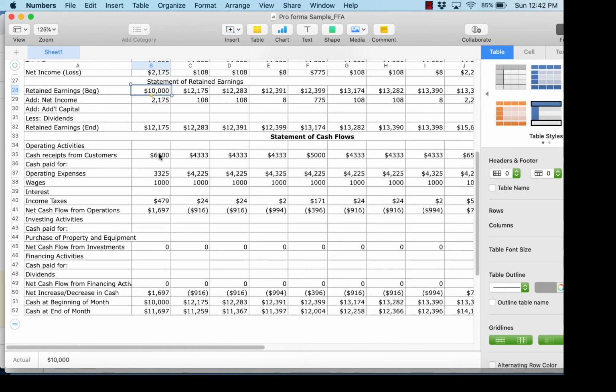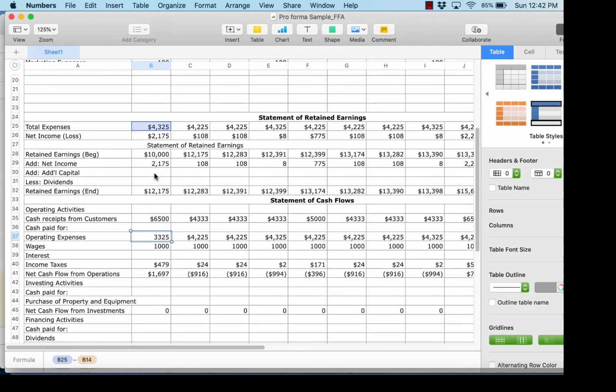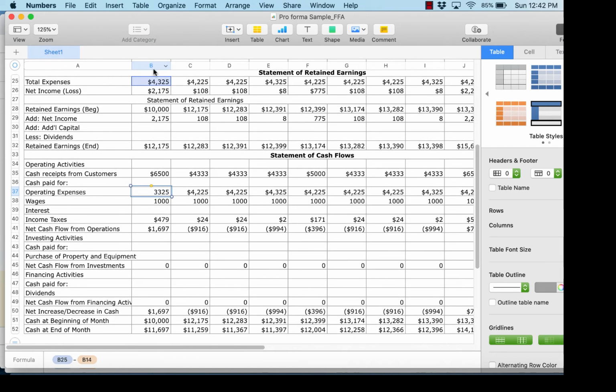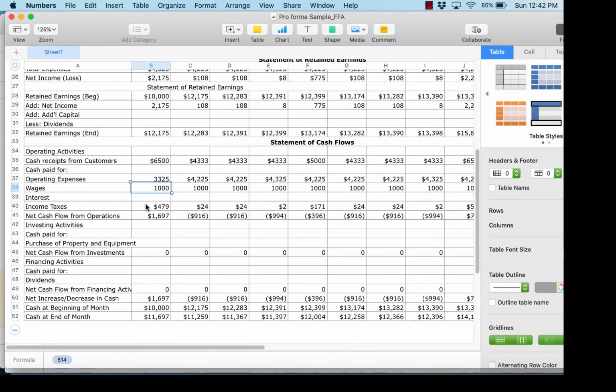Moving on to my statement of cash flows, I've got my cash receipts from customers. I've got my operating expenses. Here I've split out wages, so my operating expenses here include my $4,325 less my wages. Wages are called out in a separate line.